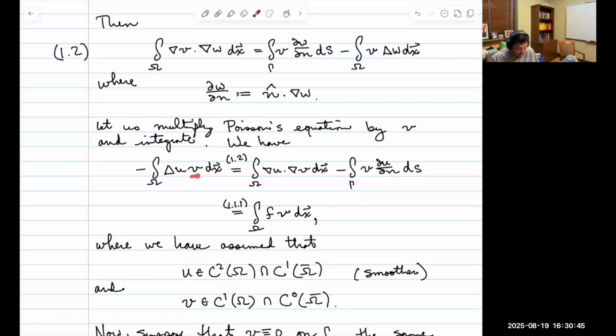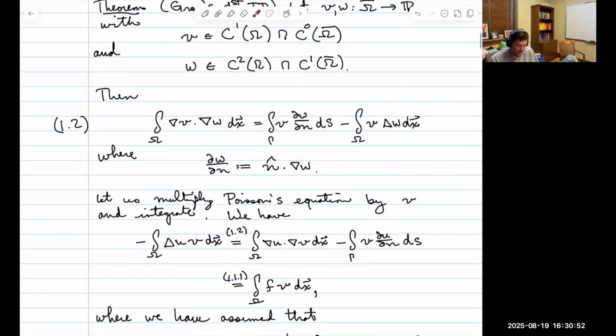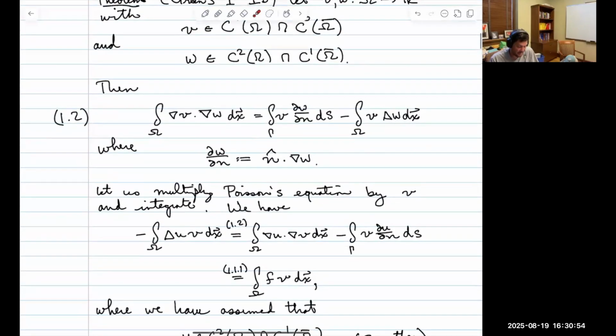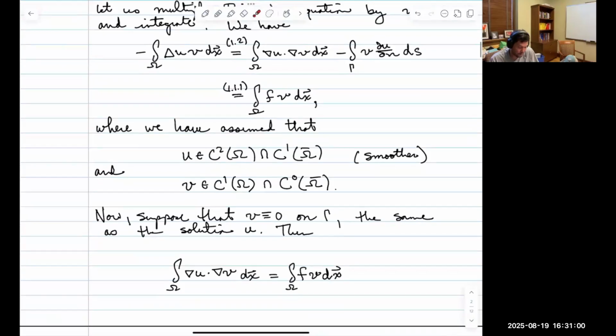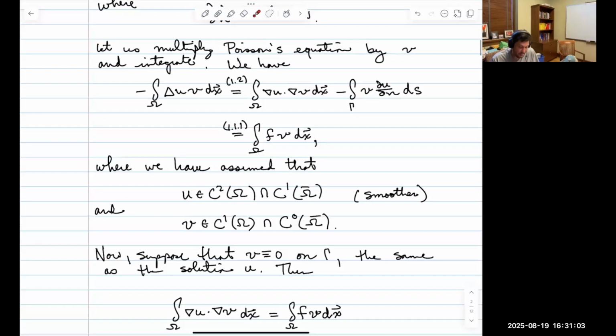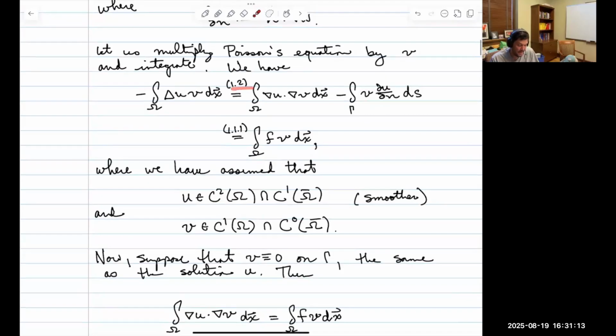The minus sign comes out. Well, all I have to do then is utilize this formula here, throw that term over to the other side. This one already has a minus sign on it. So my boundary term now has a minus sign, and the integration of the two gradients has a plus sign. So applying Green's first identity, I immediately get this.